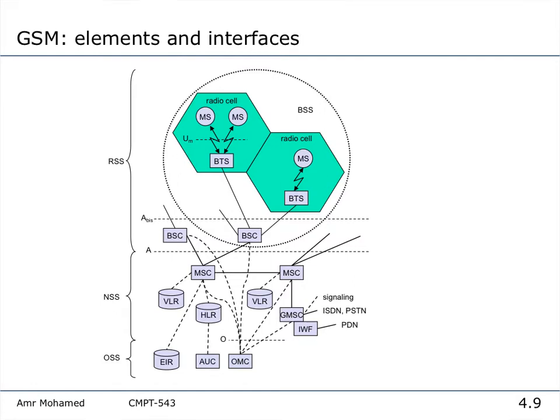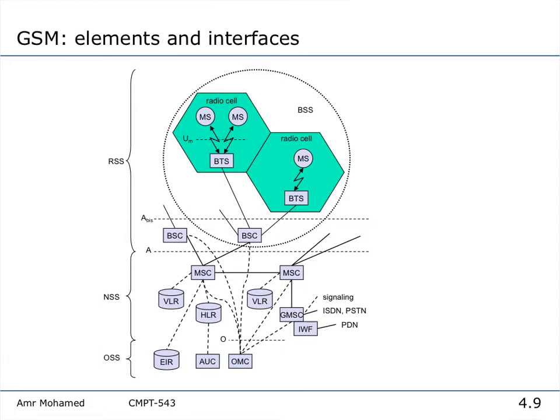Understand? So first, I go to the centralized database, and based on that, I know which location area you are in. Based on that, I go to the visitor location register of this location area to get further caching information for this subscriber in this location area in particular.